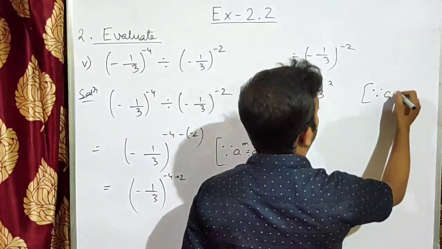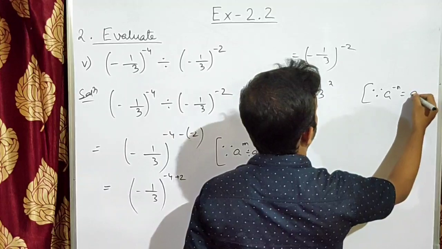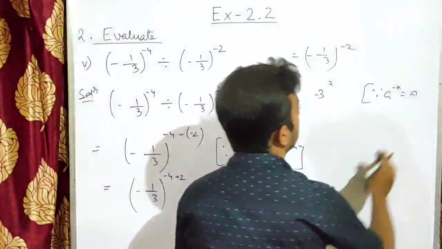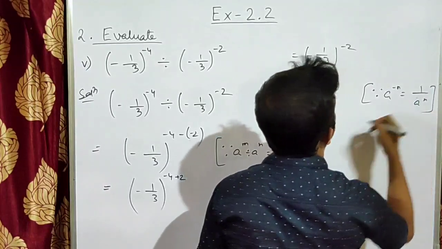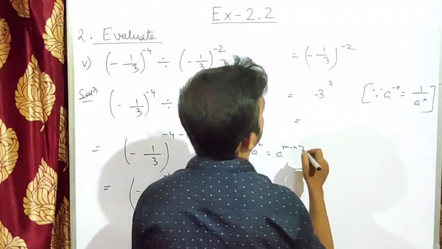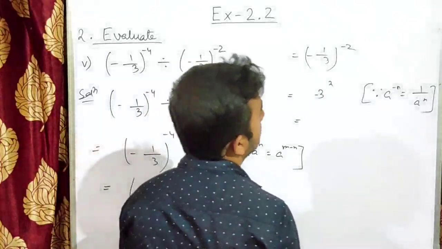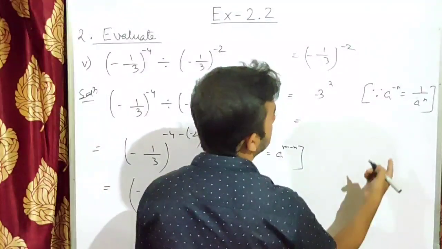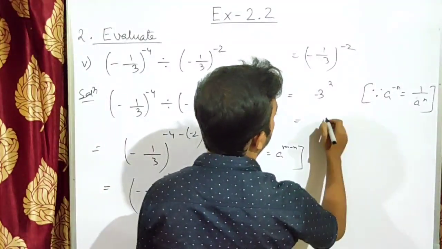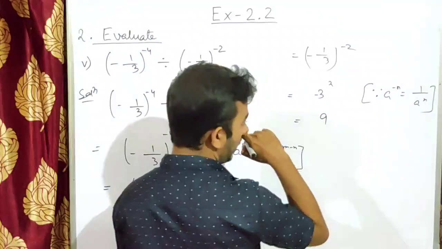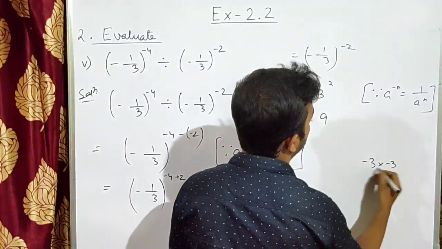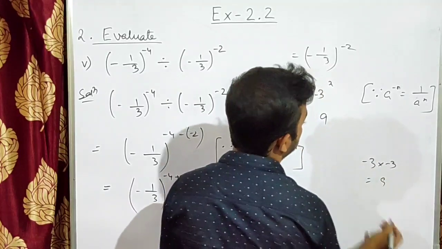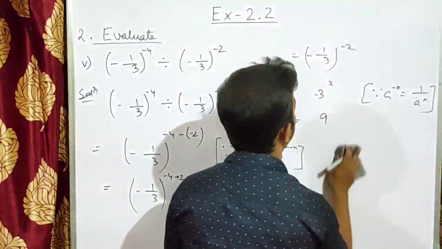Since a^-n equals 1 by a^n. Clear? Okay. So it will be (-3)^2. Square means what? Minus 3 into minus 3. Minus 3 into minus 3 will be what? 9, isn't it? Now you think where is the negative sign going? Look, minus 3 into minus 3, 3 into 3 is 9, minus into minus is plus. Clear?